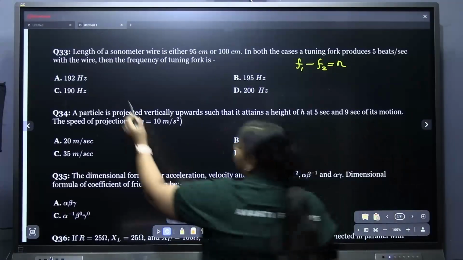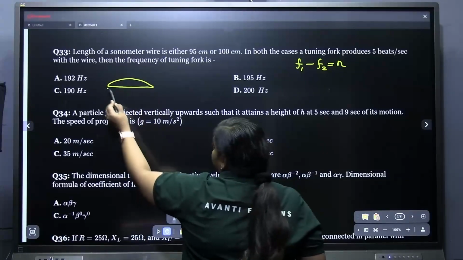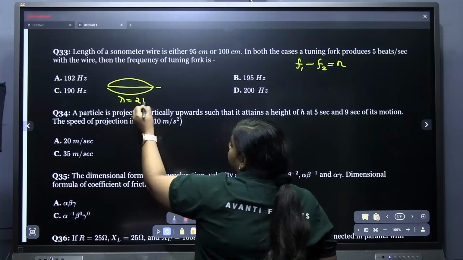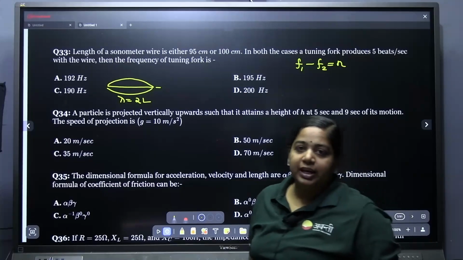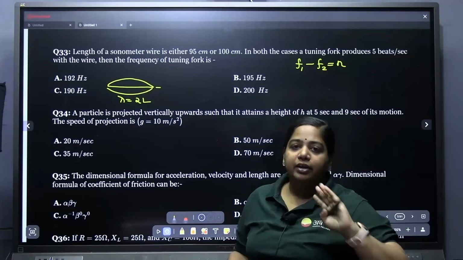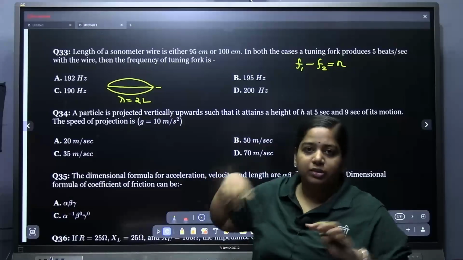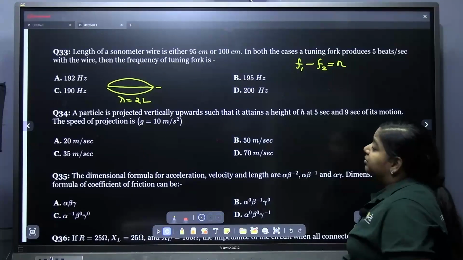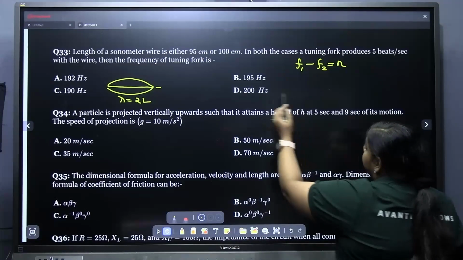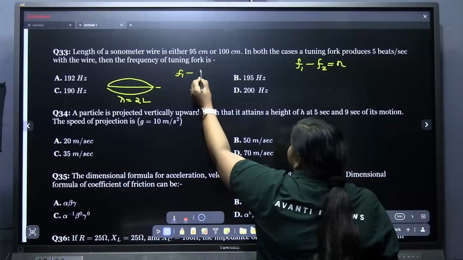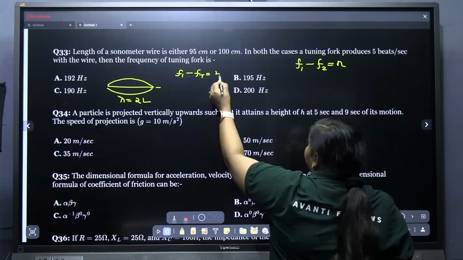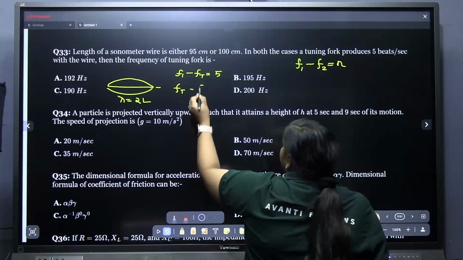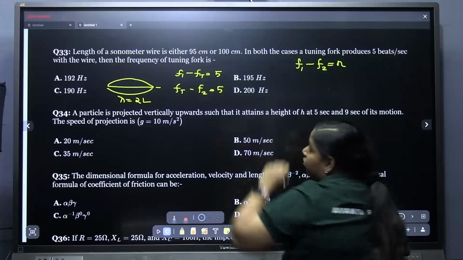So the fundamental frequency of a wire, if you are taking this as 1 lambda, lambda equals 2L. This is the relation between the wavelength and the length of the wire for the fundamental frequency. In that case, the frequency of the first one minus the frequency of the tuning fork equals 5. Similarly, the frequency of the tuning fork minus the frequency of the second one is also 5.